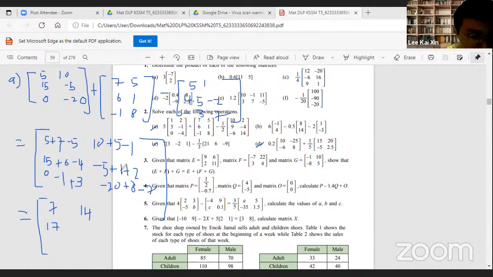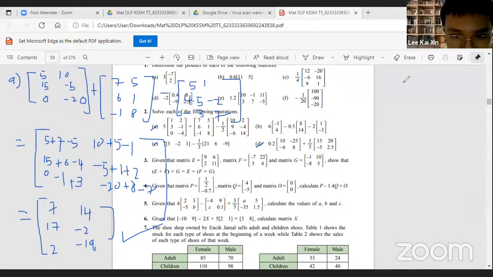And this one it will get negative 2. And this one it will get 2. And this one it will get negative 19. So this is the answer for A.